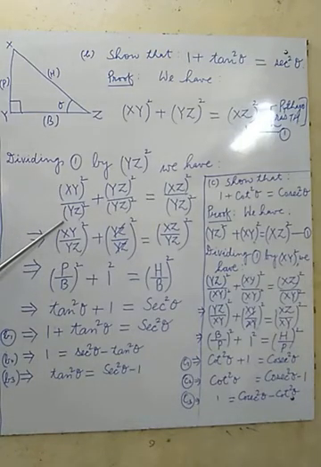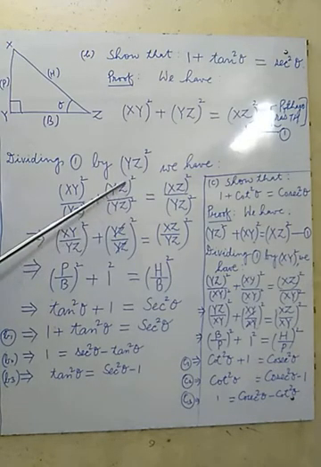Here 2 brackets are there, so 2 squares are required. If we are converting into a single one, that will be XY upon YZ, and this will be kept inside a single bracket, and the common power will be noted down only once. This is the law of exponent and we can apply it here. Similar case here, 2 brackets are there, common power, so a single bracket will be there, these things will be noted down as it is, and a single power of 2 will be there because the common power is written only once.